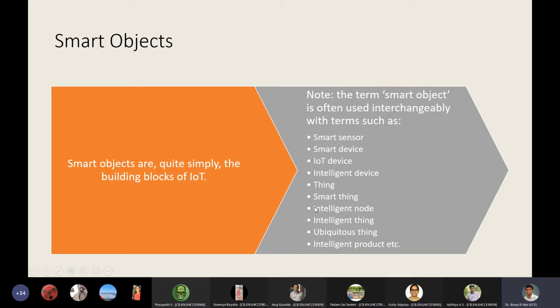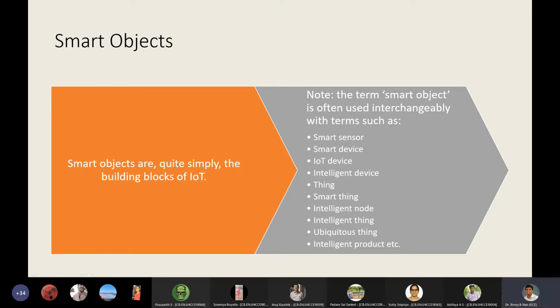We are referring to the same unit of IoT in all these cases. Before the idea of Internet of Things became popular, instrumentation engineers used to call this kind of device a smart sensor. Then, as IoT became more popular, it became the thing in Internet of Things.